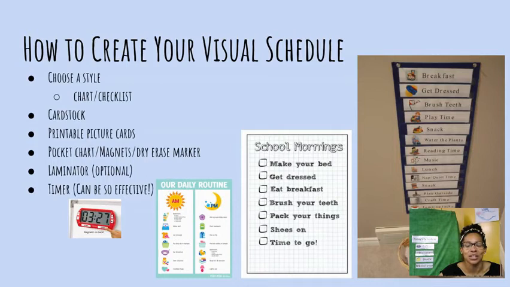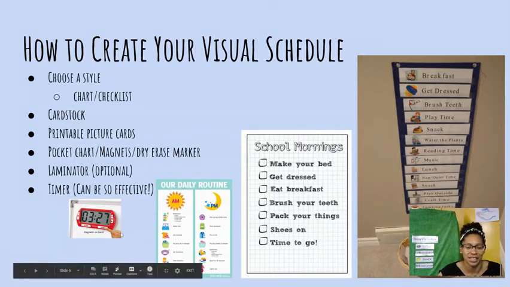Timers kind of replace the adult in the room. So you don't really need to rely on an adult to tell you where to go. The timer does that for you, and it takes that off of you. So timers can be super effective.